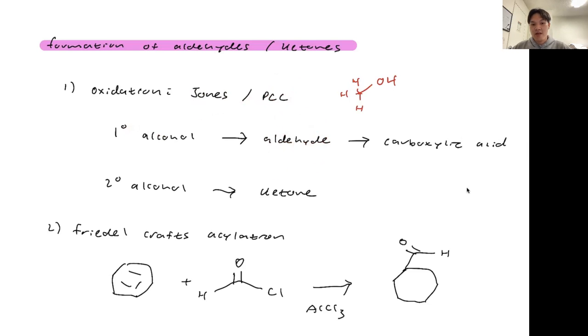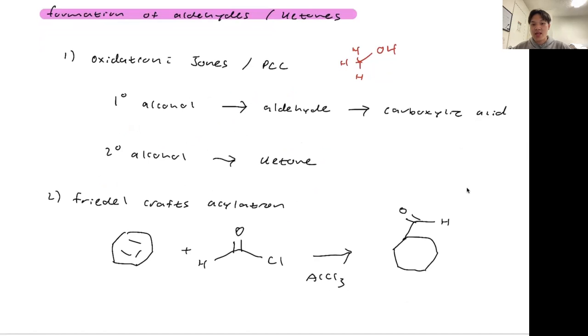And if you use a secondary alcohol and react it with either one, you're going to get a ketone. You don't need to know the mechanism for these, but just try to form that memory bank and look up on these if you have trouble remembering. And then Friedel-Crafts acylation. We just went over it. I'm missing the benzene ring here.